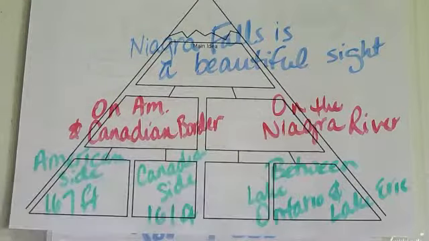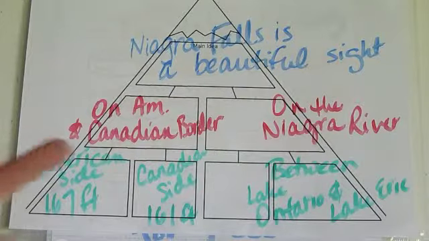I would probably begin by saying, Niagara Falls is a beautiful sight. I've seen pictures of it and videos, but I've never been there. I really want to go. Let me tell you how beautiful it is, and that's why I want to go there.